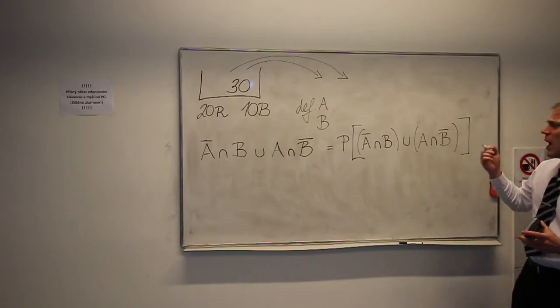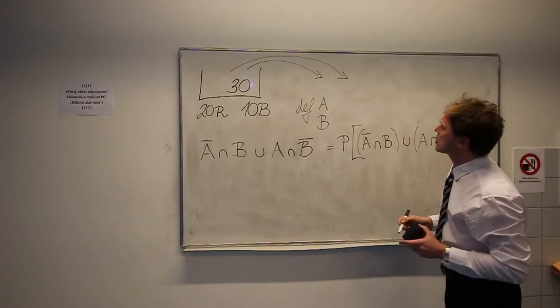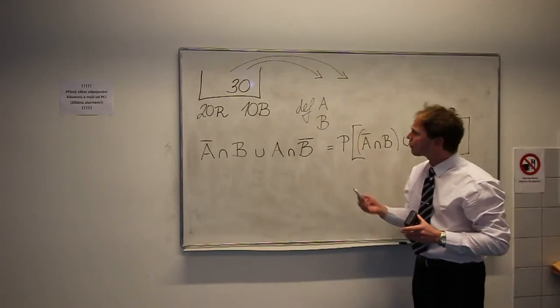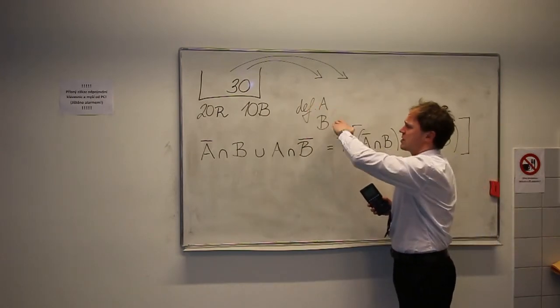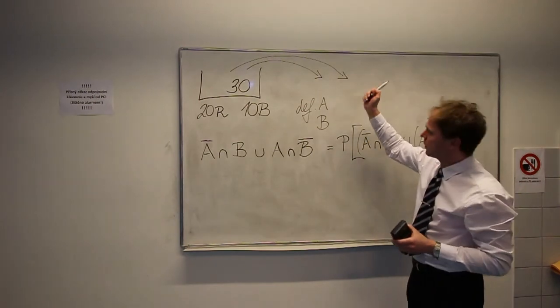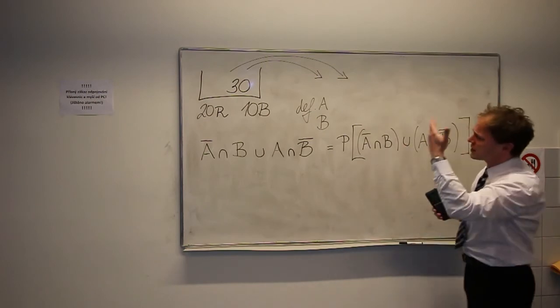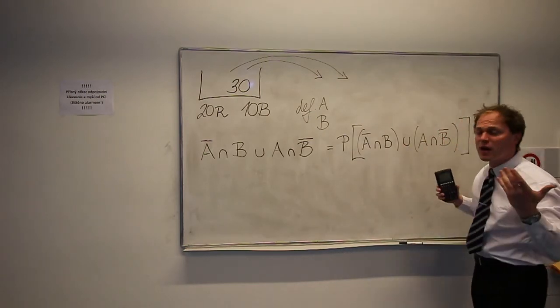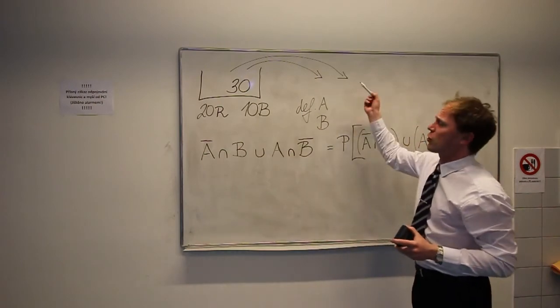So now I can write here the probabilities. It's very important to know that I defined random events A and B like this: the first card is blue, the second card is blue. This is my definition which I created. So A none, the first is red.